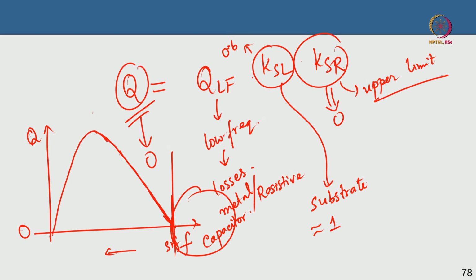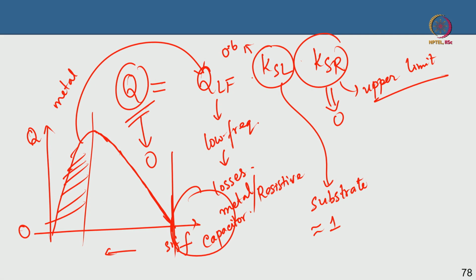This part is basically the low frequency part, where the metal resistive lines are playing a role. So in a way, at the lower frequency regime you can ignore the capacitive coupling and just think of the impedance as R plus j omega L. In this frequency range the resistance is fairly constant.